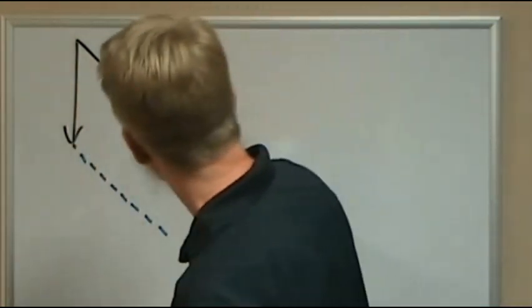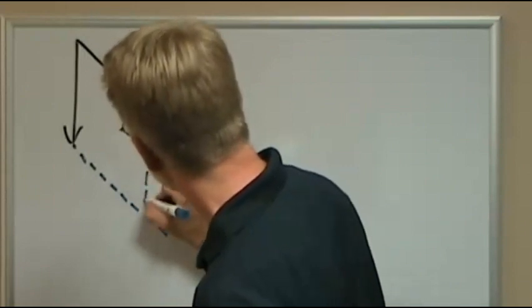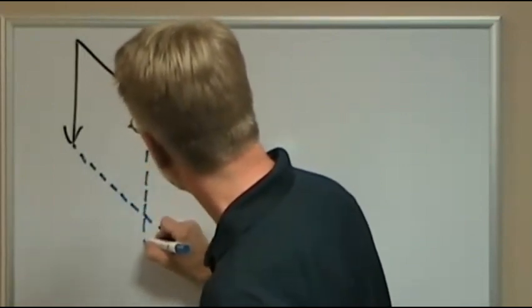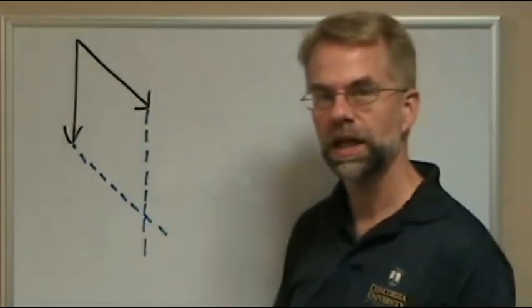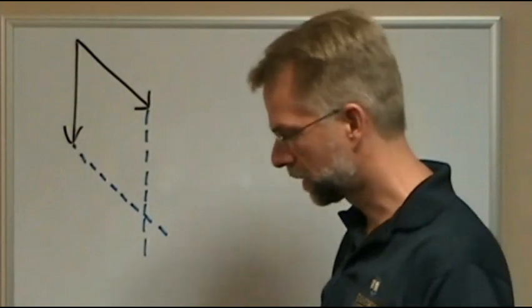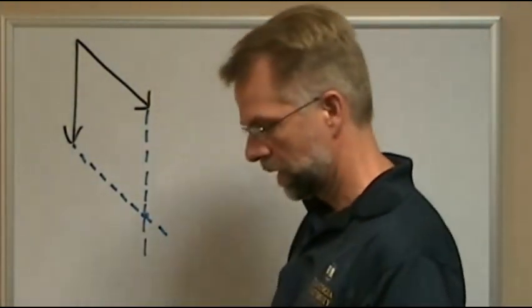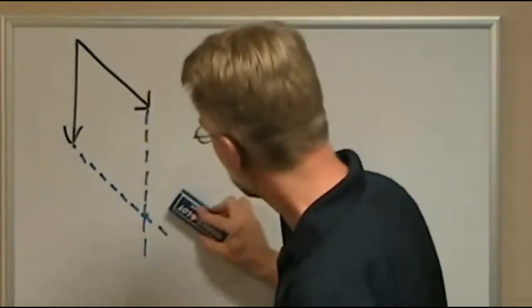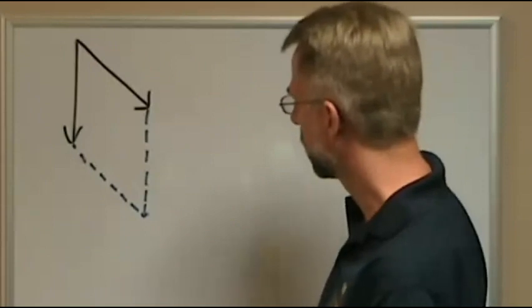And from the tip of this vector, I'm going to draw a dotted line that is, at least roughly, parallel to the other vector. Okay? Where those two parallel lines meet, right here, that's where they end. They end where they meet to complete the parallelogram.